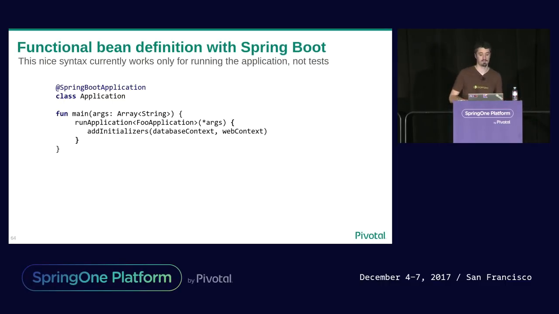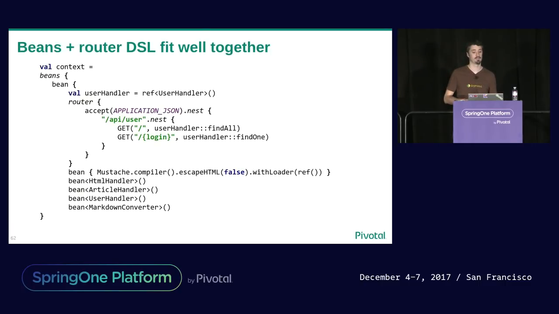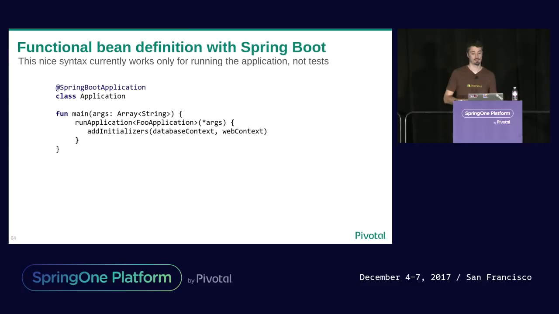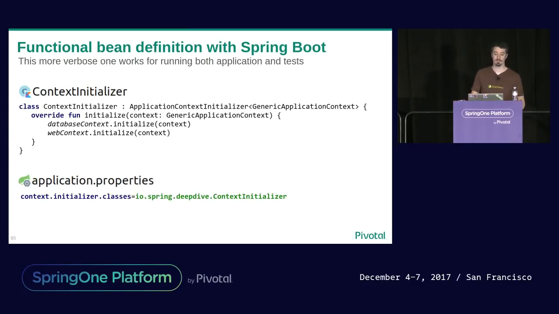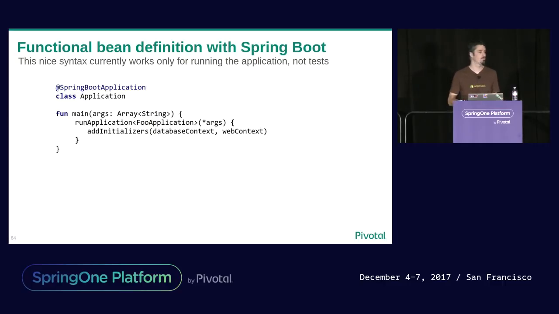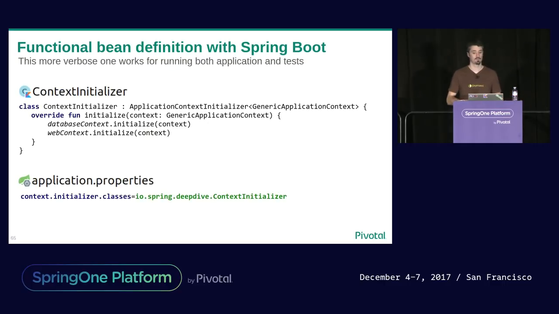And so I'm just specifying that the database context and the web context, which are defined here and here, are just regular application context initializers. In practice, this nice syntax only works for applications, not for tests. So if you want to use that for tests, I advise you to create a context initializer bean like that and specify it in the application.properties.